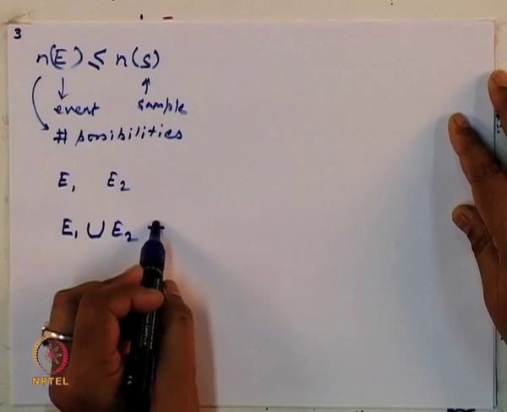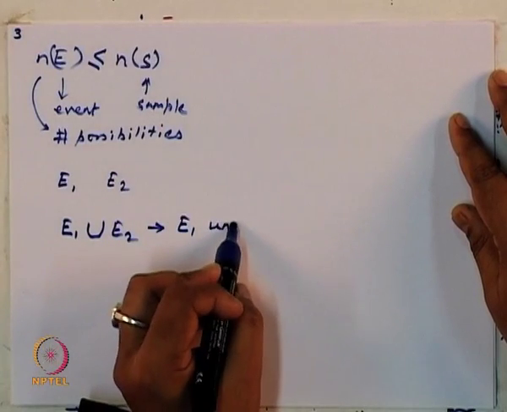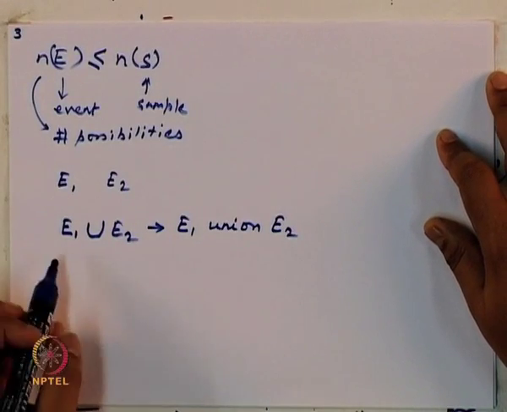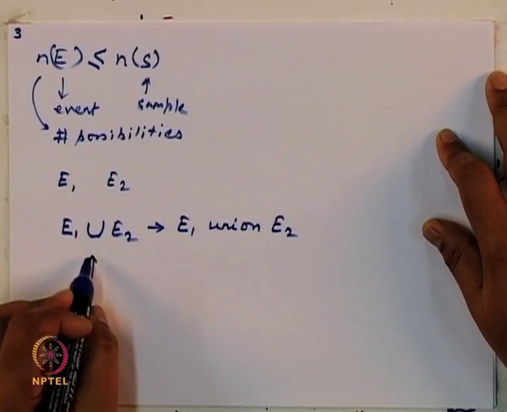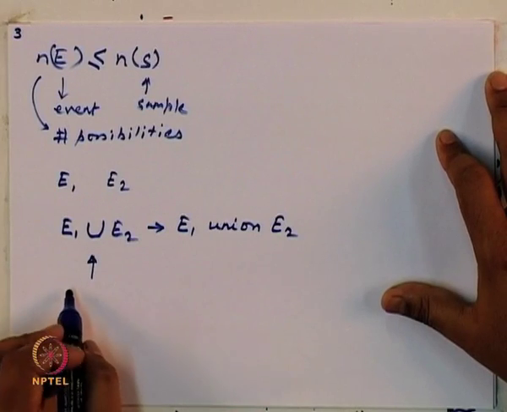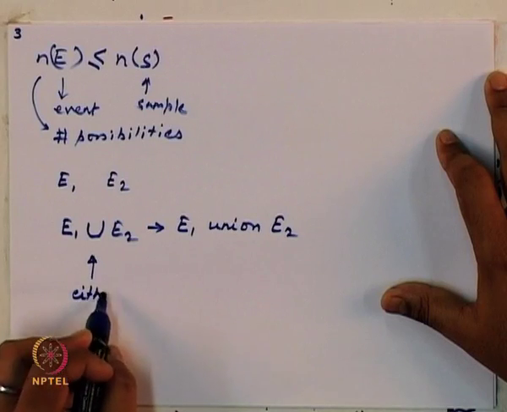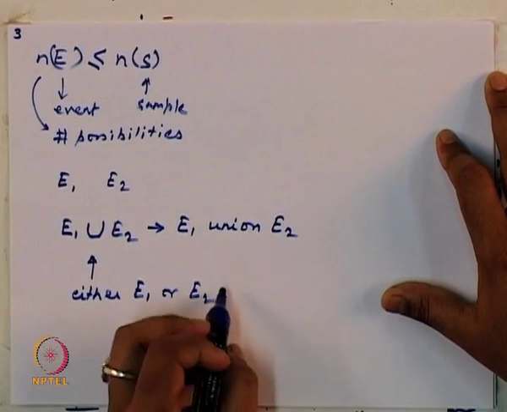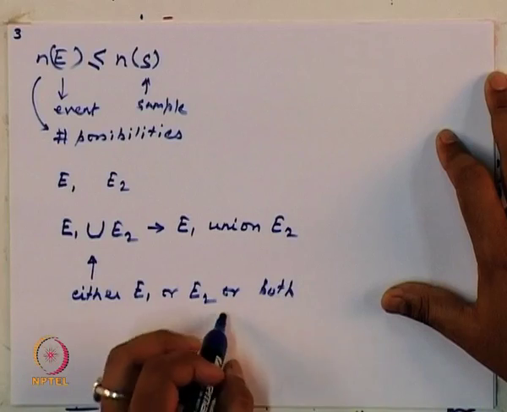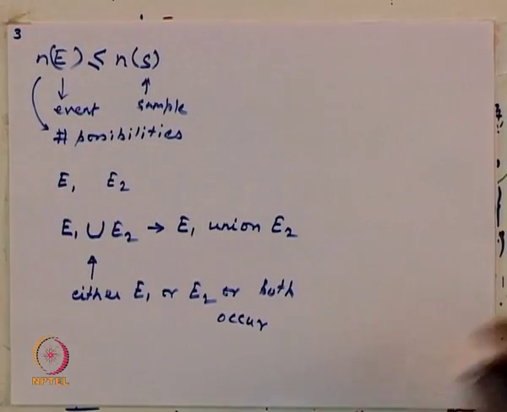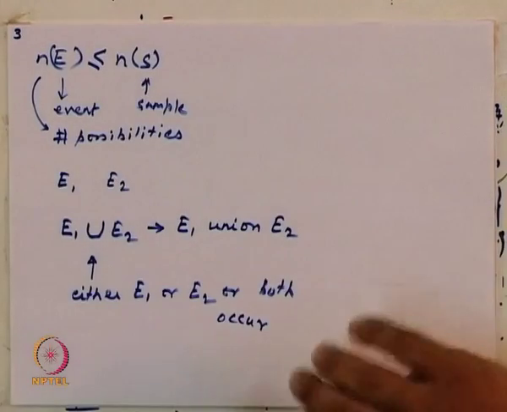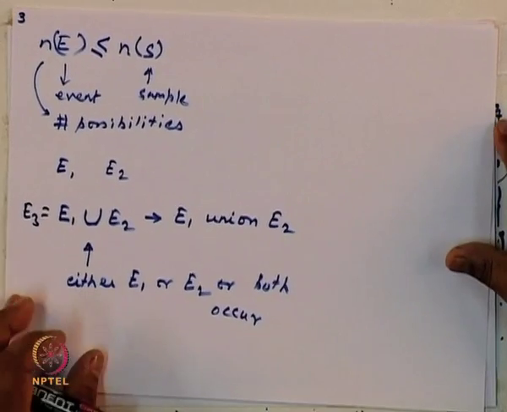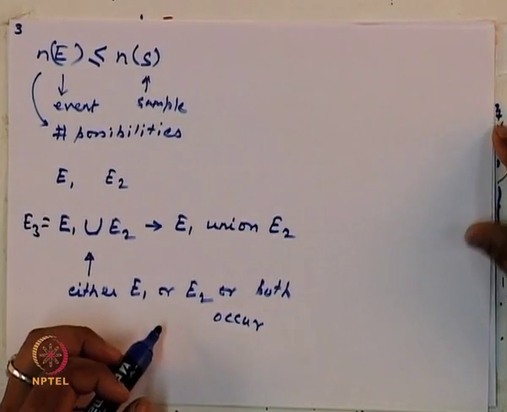This would be read as E1 union E2, and it is interpreted as either E1 or E2 or both occur. So, this is a union event, let us say E3 I have defined as the union of E1 and E2. It is either E1 or E2 or both occur.